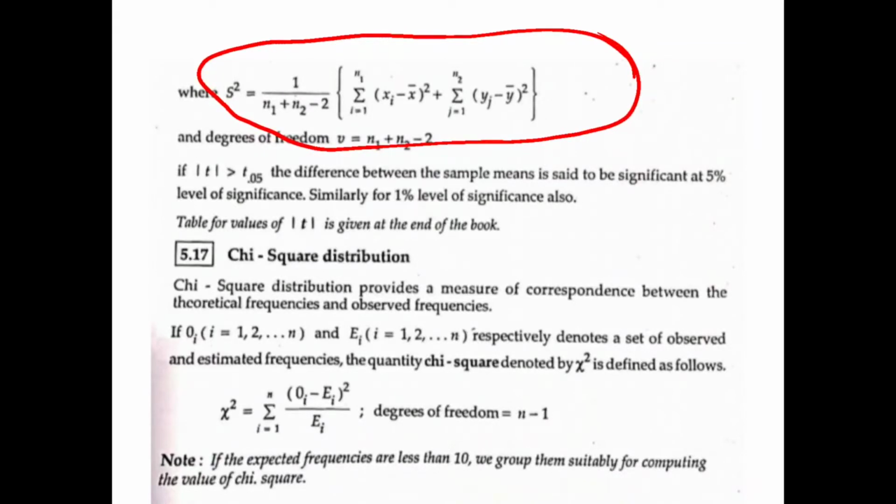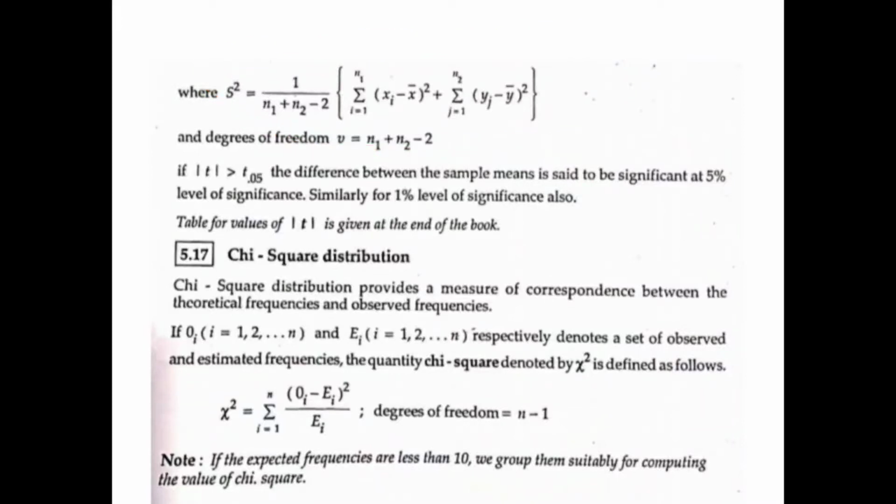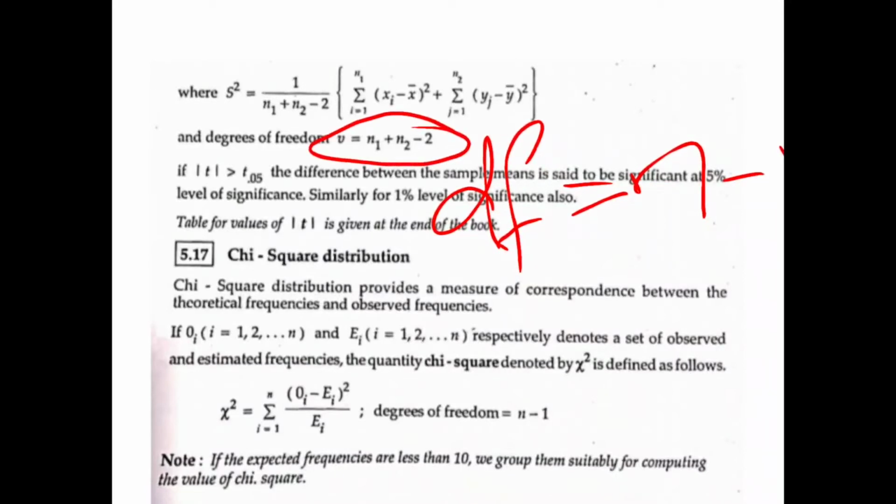Got it? In the case of a single sample, the degrees of freedom df is given by n minus 1, right? But in this case, the degrees of freedom is given by n1 plus n2 minus 2.